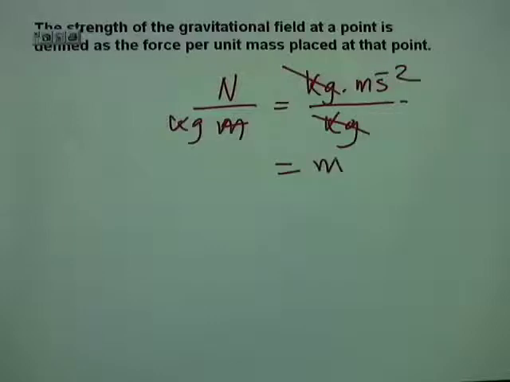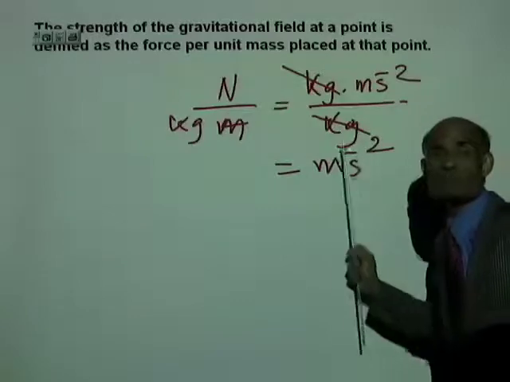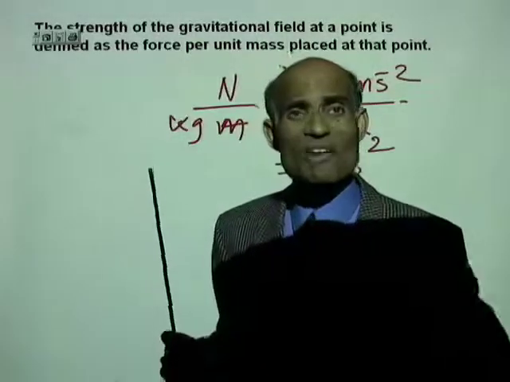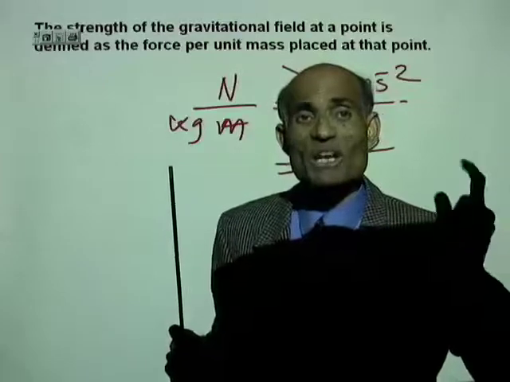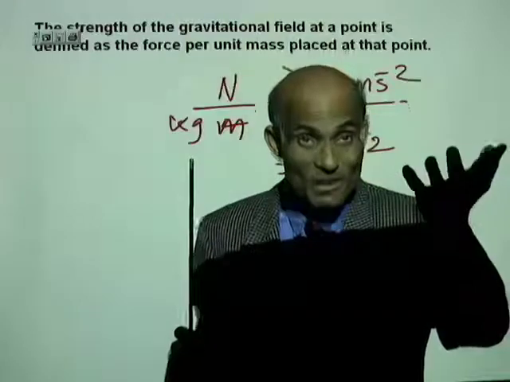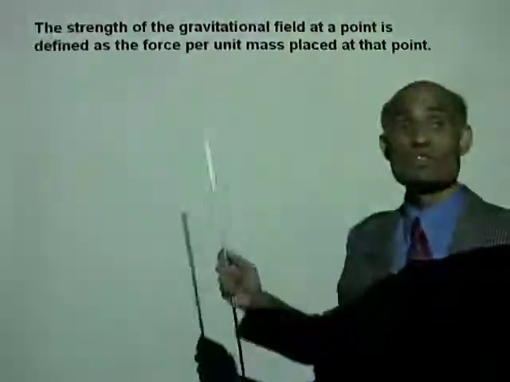That gives you the unit of the gravitational field: meter per second squared. But aren't you familiar with another quantity that is measured in meter per second squared? Acceleration. Yes. So let's see how this is related.